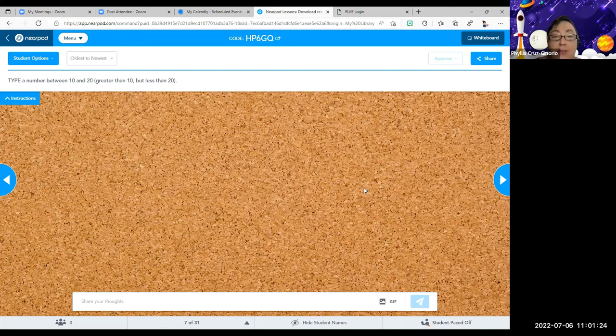So imagine if your mom and your dad were standing on either side of the room, and then there were a bunch of puppies in between them. You can only take the puppies in between mom and dad. You can't take mom or dad. So that's the same concept for I need a number between 10 and 20, but you can't pick 10 and you can't pick 20. So it's the numbers in between those.